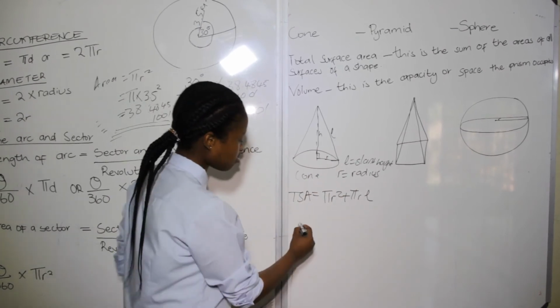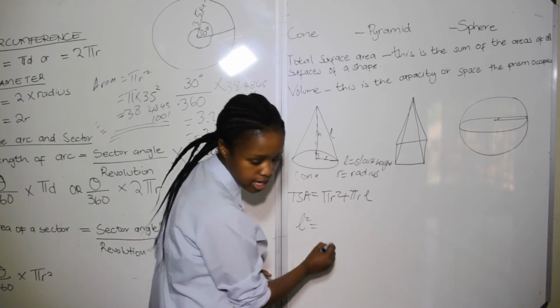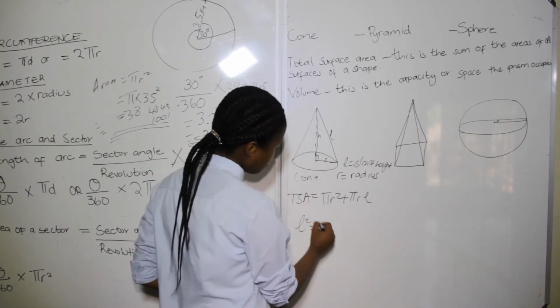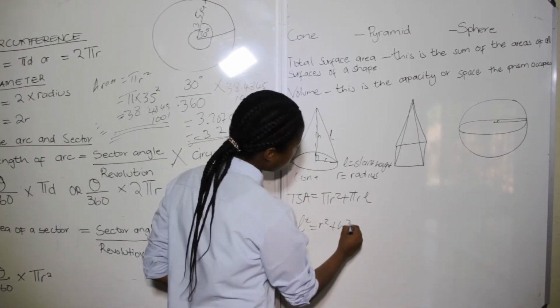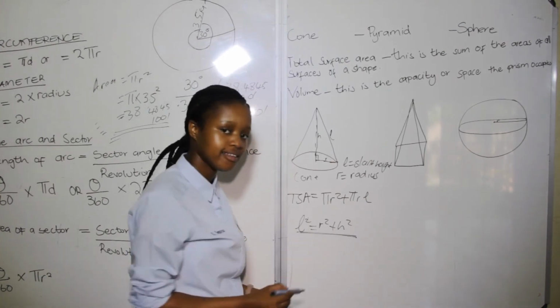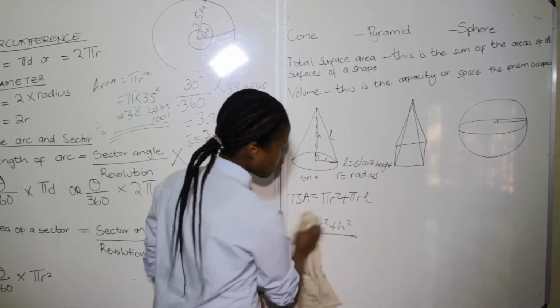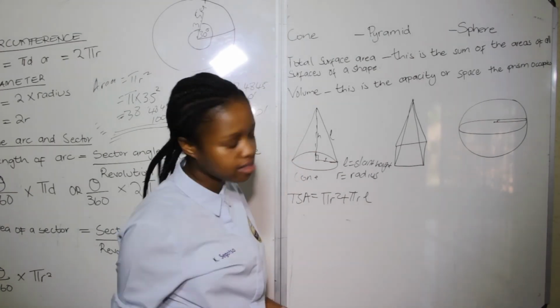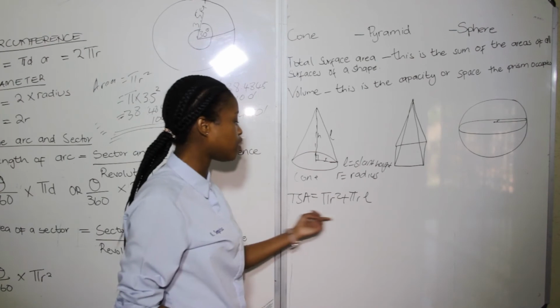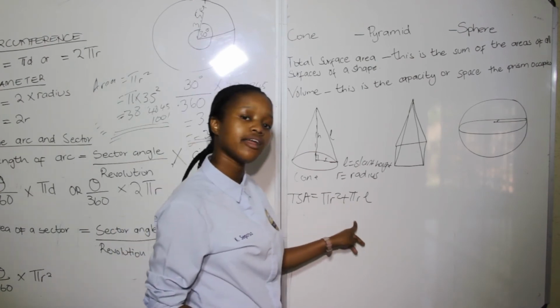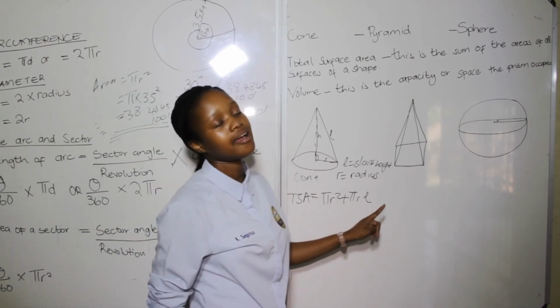Our Pythagoras Theorem just says L squared is equal to r squared plus h squared in this case, right? So there's another one that you are going to learn, and we're going to cover more on the Pythagoras Theorem. So right now all you're going to have to know is pi r squared plus pi r l.